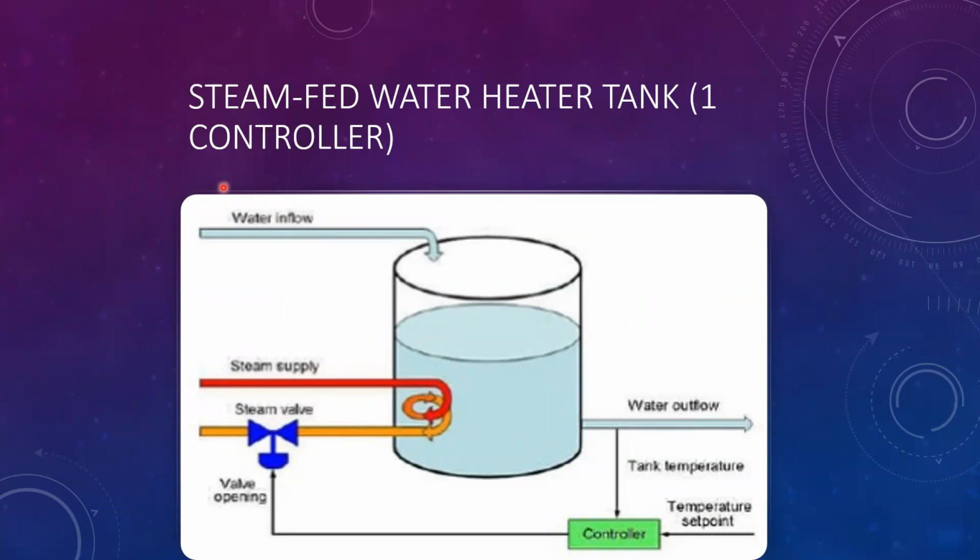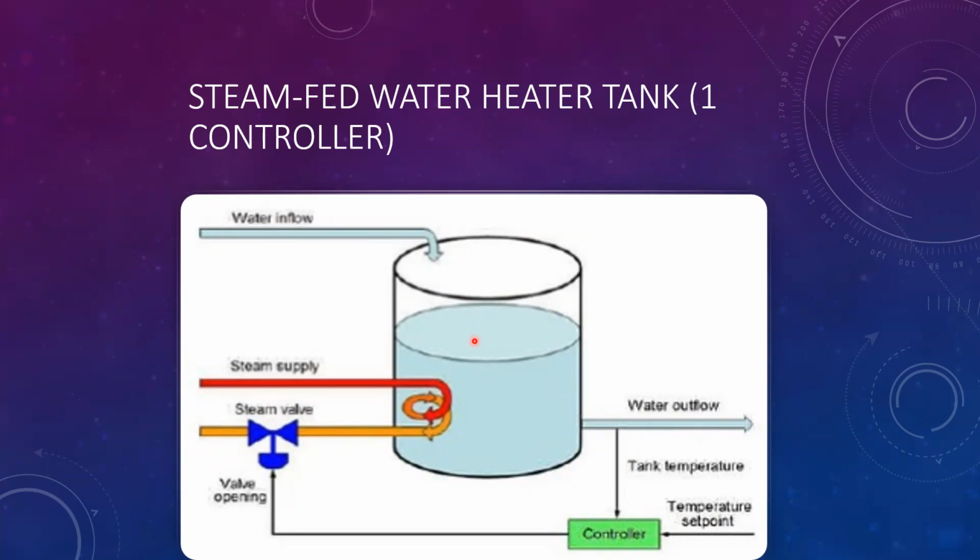Now to give a better example, we have a steam-fed water heater. Here we have the heater, but with only one controller, the single loop, sorry. This system uses a traditional controller that measures the temperature inside the tank and compares the measurement to a set point, and finally manipulates a steam valve opening to add more or less heat as inflowing water disturbs the tank temperature.